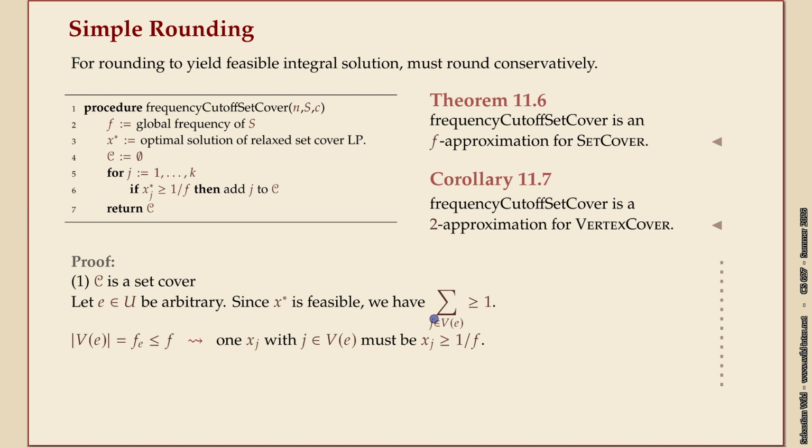So if that's going to be true for your x_j star, one of those x_j star has to be bigger than 1 over f because they're all non-negative, right? Suppose they were all smaller, then you immediately get a violation of this. And so at least one of those is part of our output, and so e is covered. We could have several, right? All of them could have value 1 over f, and then we cover e many times. That's okay.